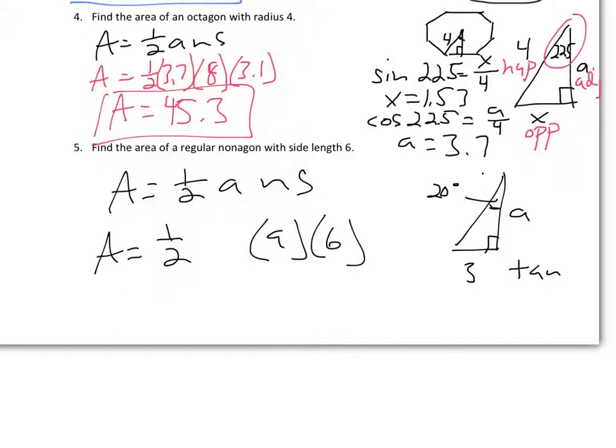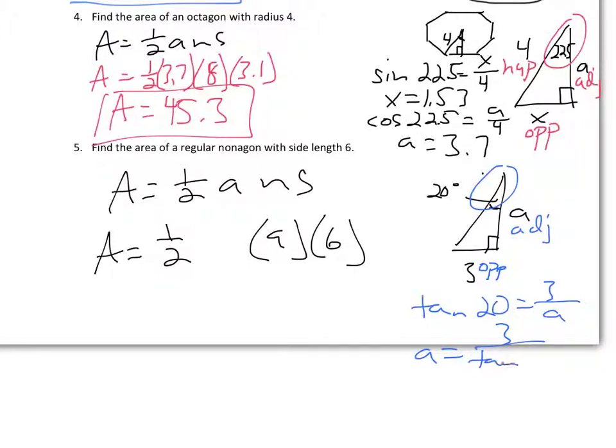So we can immediately set this up with a tangent function. Oh, I need more space than that. Okay, because we know that the tangent of 20, right, we've got the opposite here, and that's the adjacent. Okay, so that's why we can use tangent. So tangent of 20 equals 3 over A. All right, so we need to multiply by A and divide back by tangent of 20. So A is going to equal 3 over tangent of 20.